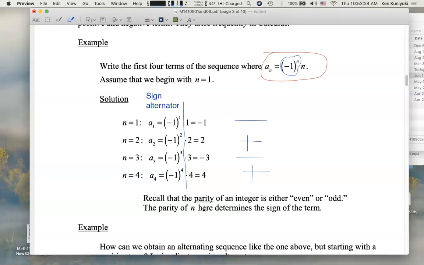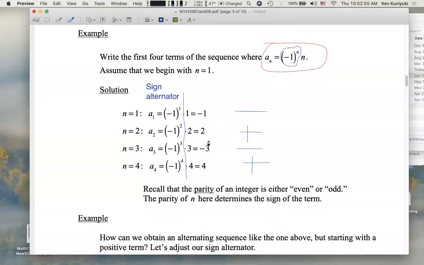So recall that the parity of an integer is either even or odd. The parity of n here as an exponent determines the sign of the overall term. So the exponent is really key. With the sign alternator alone, when -1 is raised to an odd exponent, you get a negative. When -1 is raised to an even exponent, you get a positive, assuming these other pieces are positive.